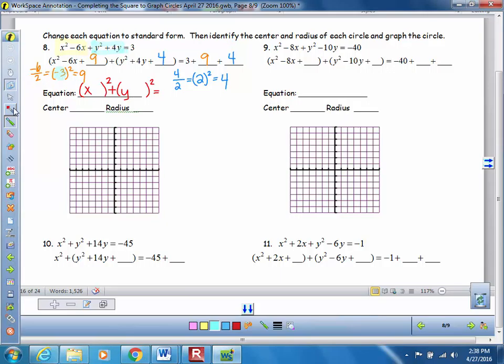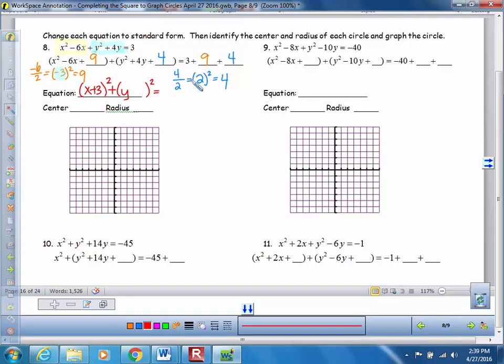So that means -3 goes in there, but remember it swaps when it goes in, so this would be +3. Then when we divided b by 2 for y, we got 2, so this would be -2. And then the number that goes out here, you just add all 3 of these numbers up. So 3 plus 9 plus 4. That gives us 16. Okay?